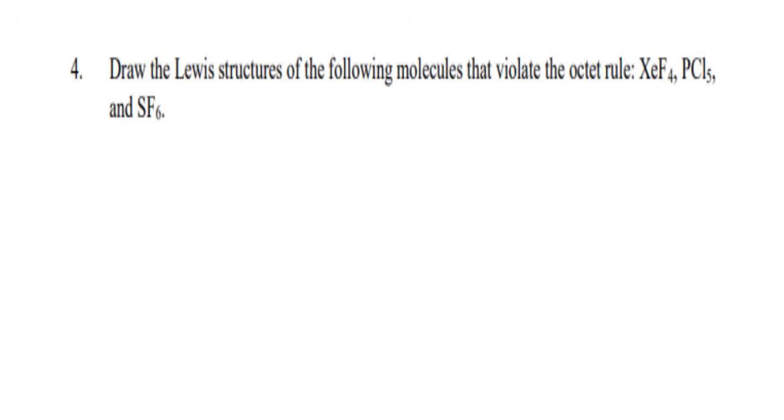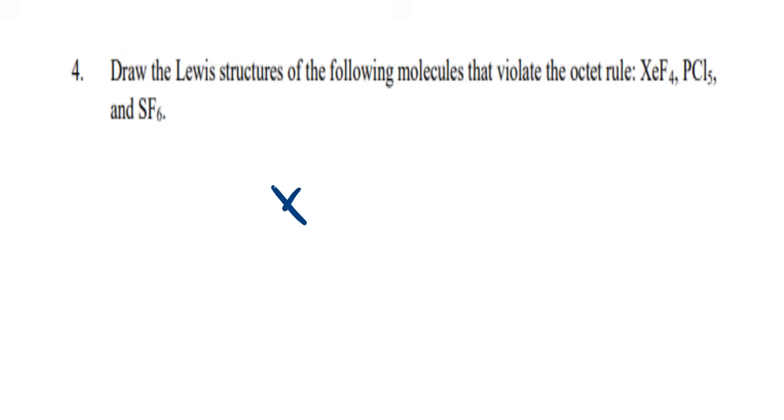Then question number 4. We are told to draw the Lewis structure of the following molecules that violate the octet rule. I'm just going to draw the first one. This is xenon. We know it's one of those noble gases, a very stable atom.